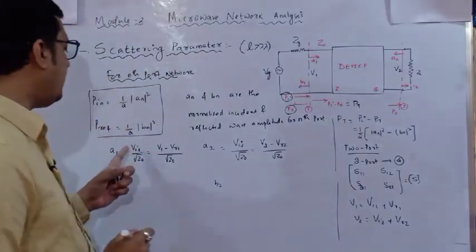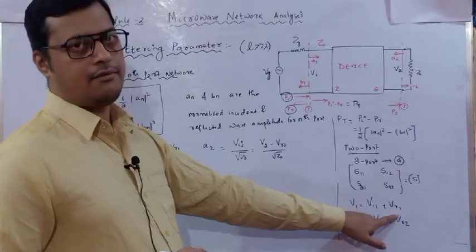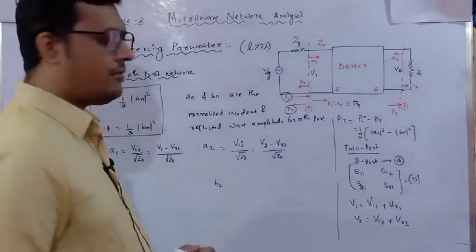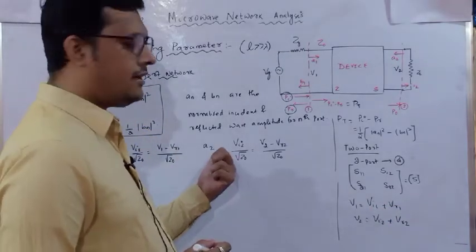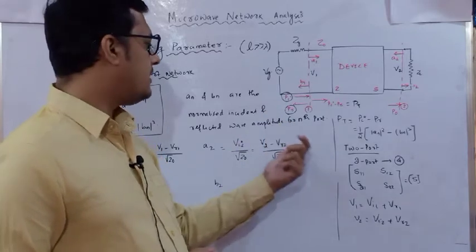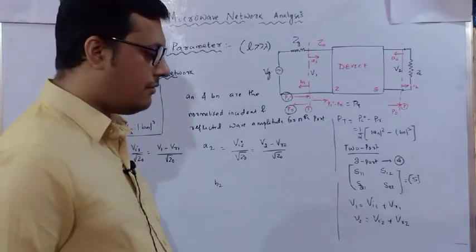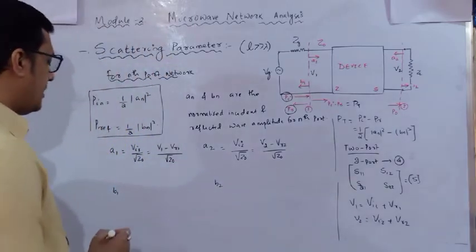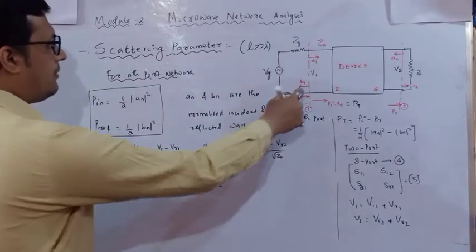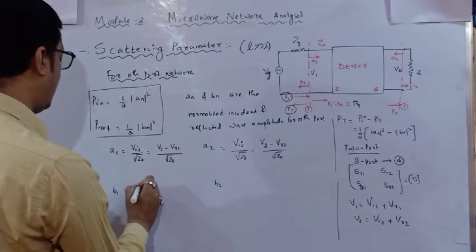So here I have written Vi1 is equal to V1 minus the reflected potential, divided by root over Z0. Similarly, A2 is Vi2 divided by root over Z0, which is equal to V2 minus VR2 over root over Z0. Now similarly, what is B1? B1 is the reflected one at port 1. So what will I write?